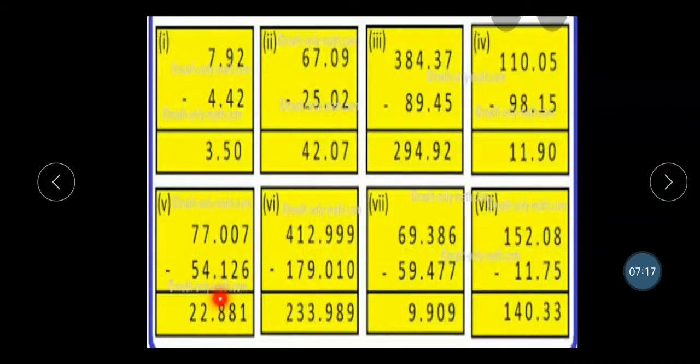Put the decimal point. As we have borrowed, this will become 6. 6 minus 4, 2. Here we are not supposed to do anything. 7 minus 5, we get 2. So our answer is 22.881.